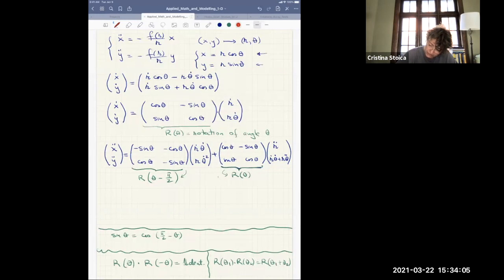I'm going to take just this term, which is r of theta times r2 dot, and this stuff here equals r of theta minus pi on 2, then r dot theta dot, and then r theta dot squared. And then we have to subtract that x2 dot, y2 dot.